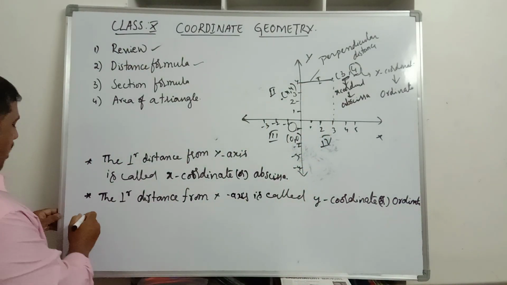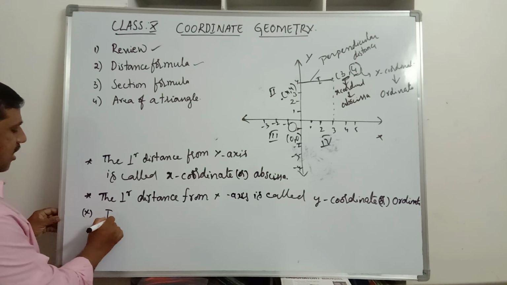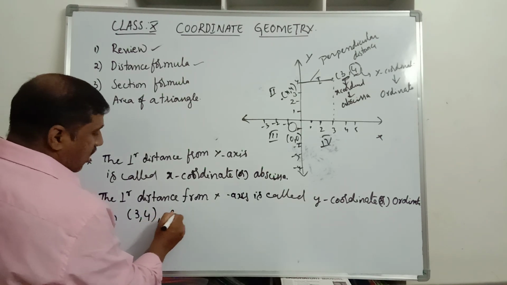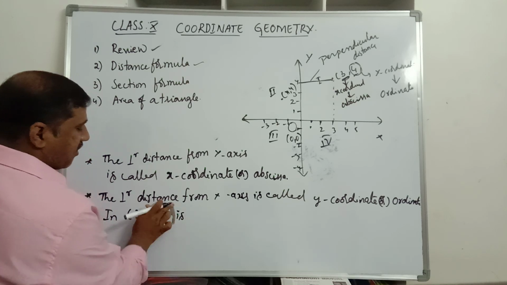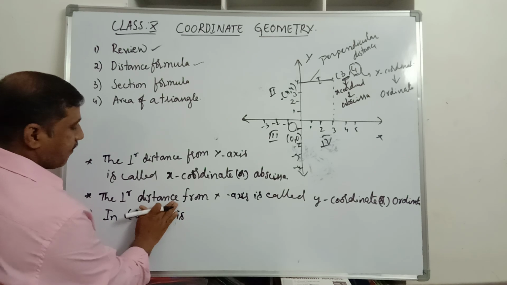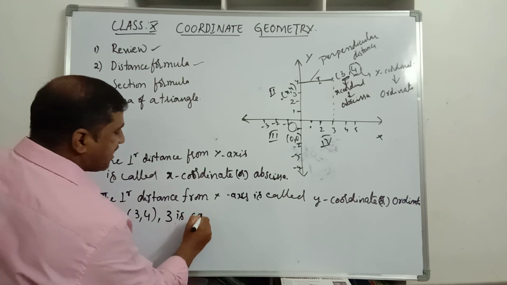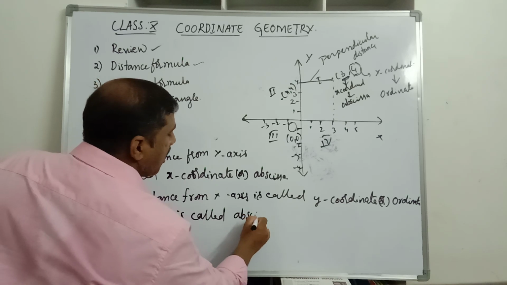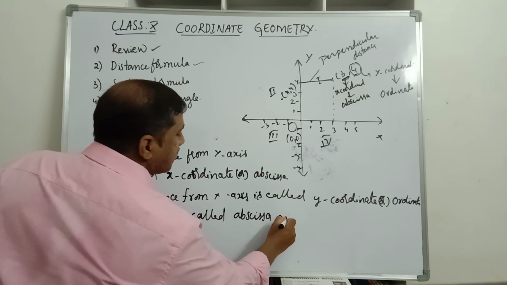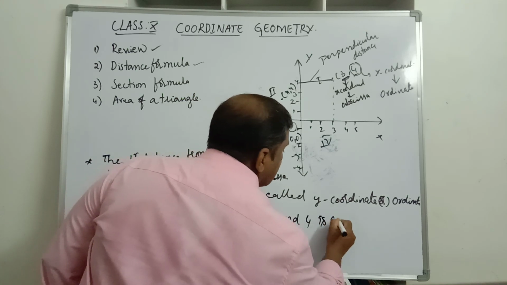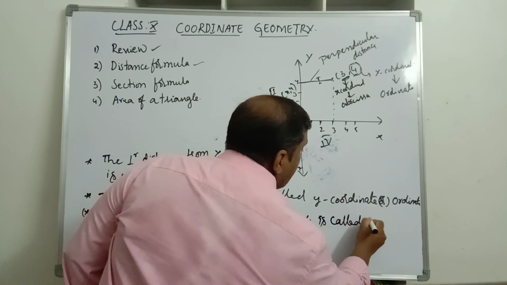Now if we take a point 3, 4, what is 3 called? In 3, 4, 3 is called abscissa, or x coordinate, and 4 is called the y coordinate, or simply ordinate.